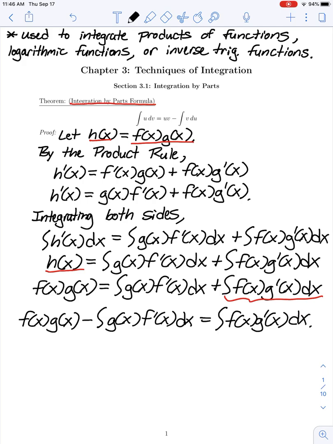And so if I just make a substitution or a change of variables for this equation, then I get my formula in the theorem. So let's see how this works.